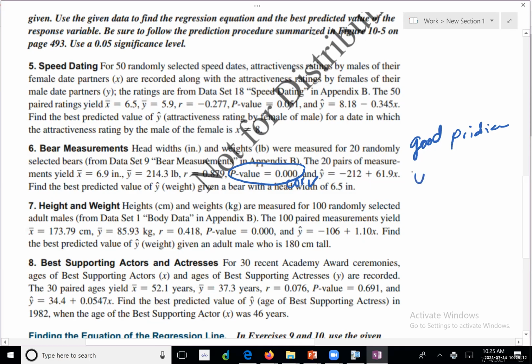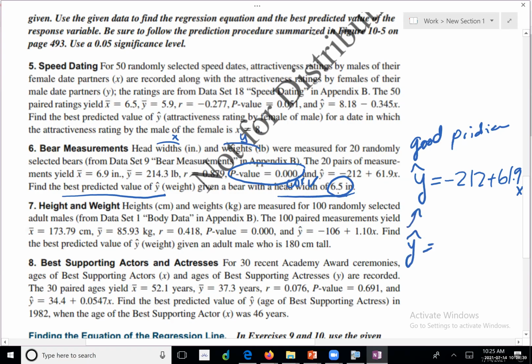So y hat is equal to negative 212 plus 61.9x. It's telling you to find the best predicted y hat, the weight, given that the head width is 6.5. So you know that x is width, y is weight. They want to predict weight given that x is 6.5. You just substitute x by 6.5.